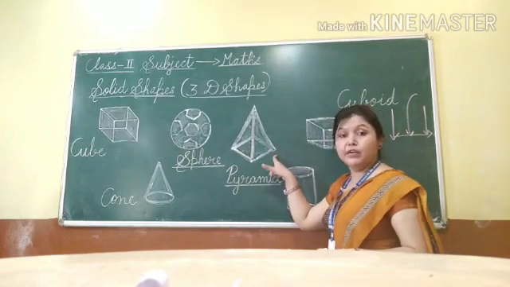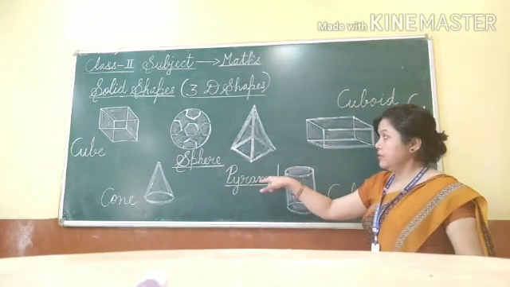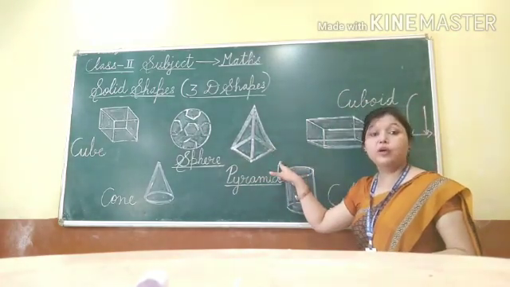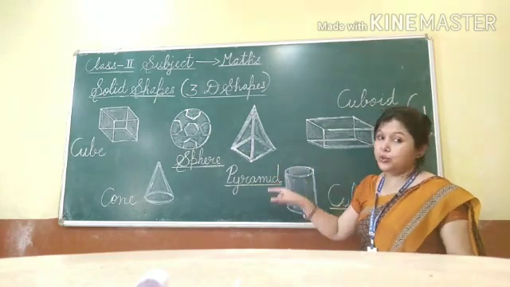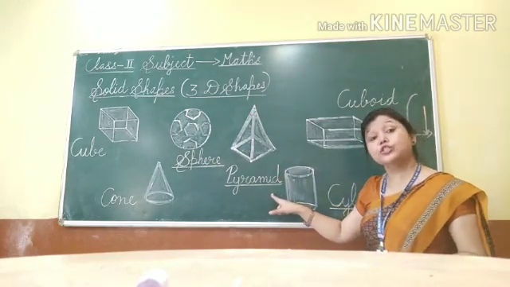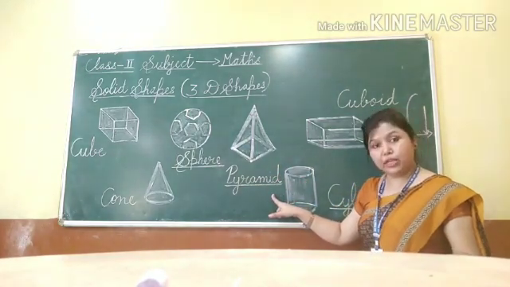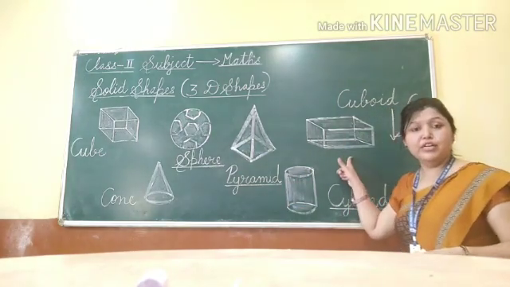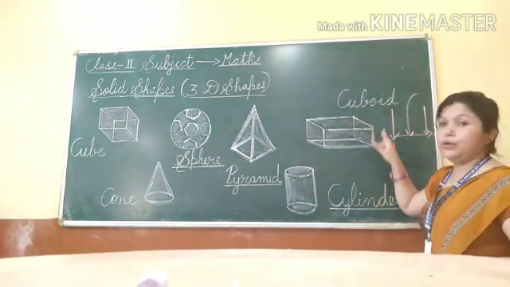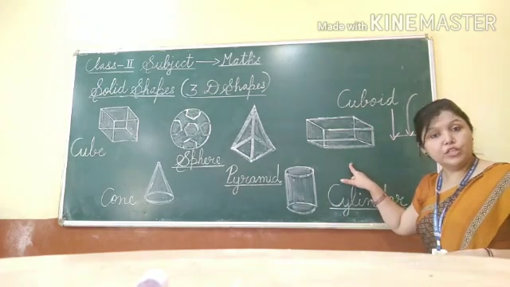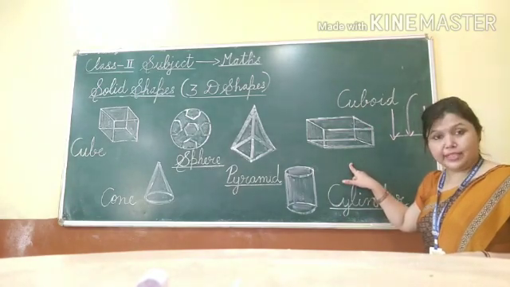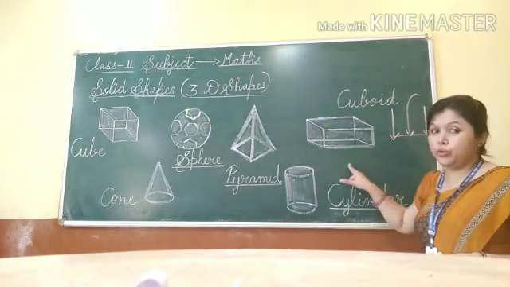Third one is the 3-dimensional shape of a triangle and it is known as pyramid. Now fourth one is cuboid, the 3-dimensional shape of a rectangle.